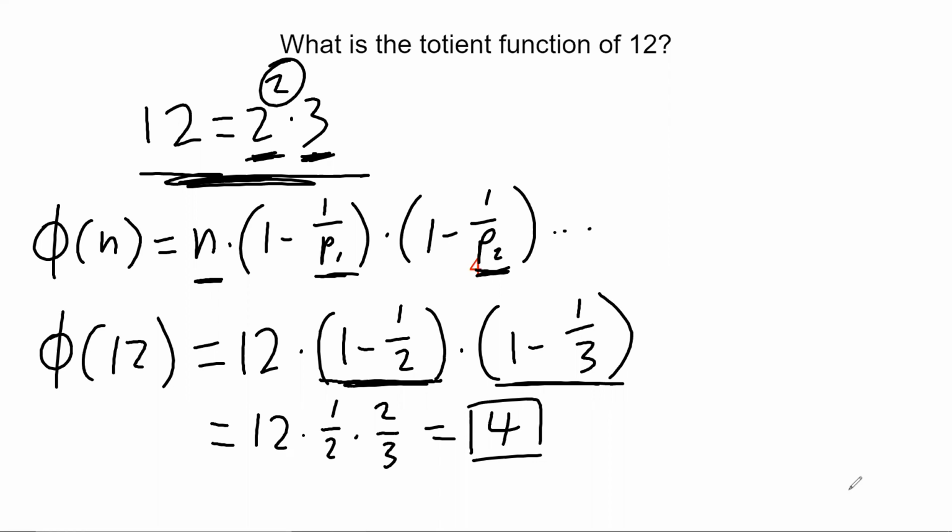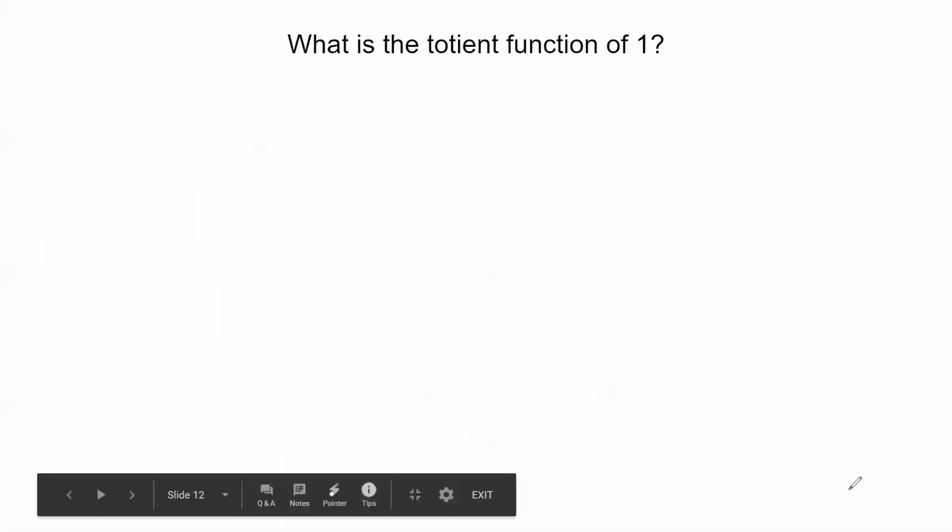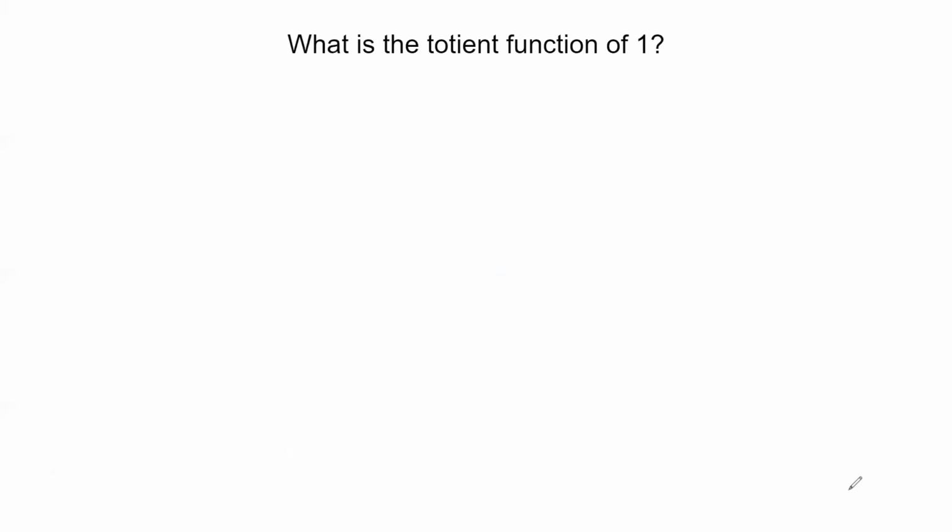Okay, so let's move on. The next question is kind of a troll question here, but what is the Totient function of 1? Well, if you look at all the positive integers less than or equal to 1, there's only one of them, which is 1.